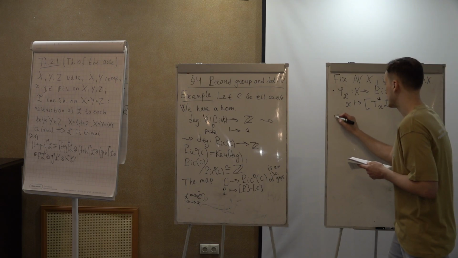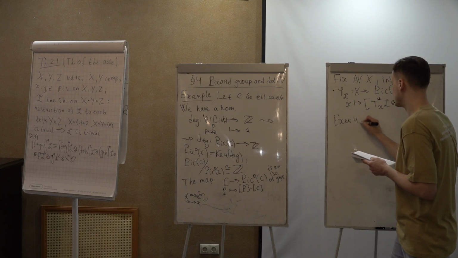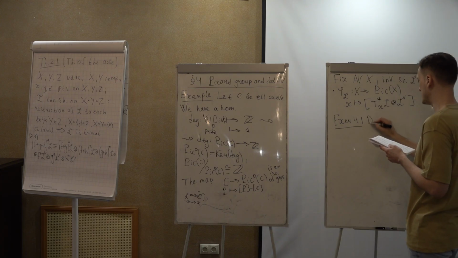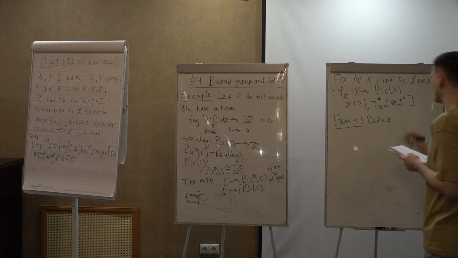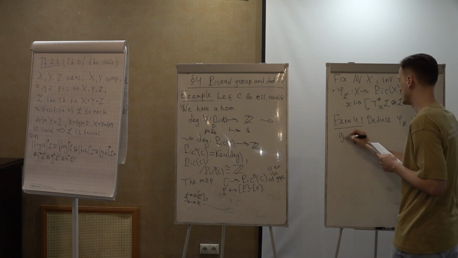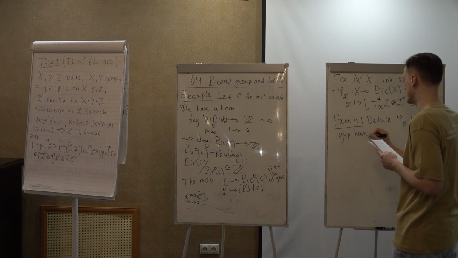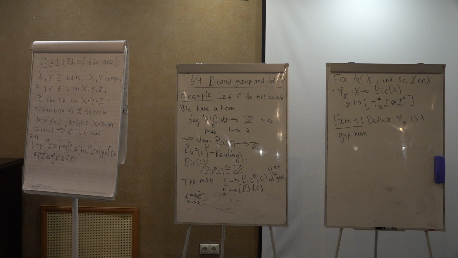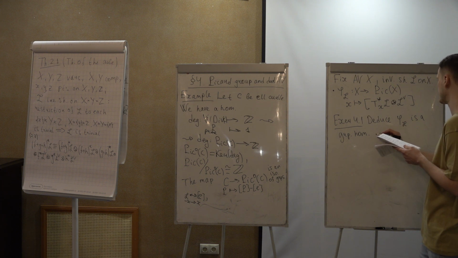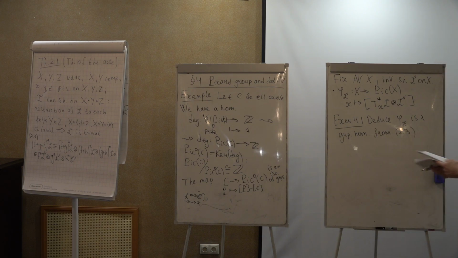And another exercise here. Deduce that phi sub L is a group homomorphism. And now we need another of these strange sheaf facts, the theorem of the square from 2.3. So the theorem of the square basically tells us that this map is a group homomorphism.